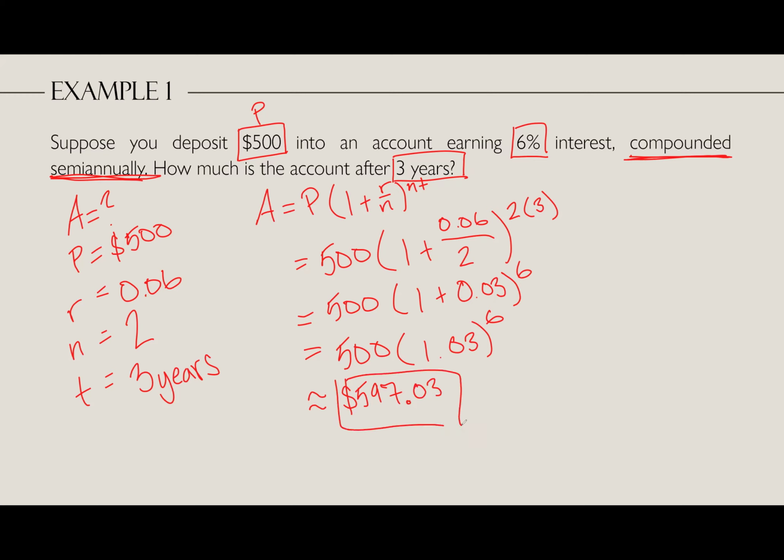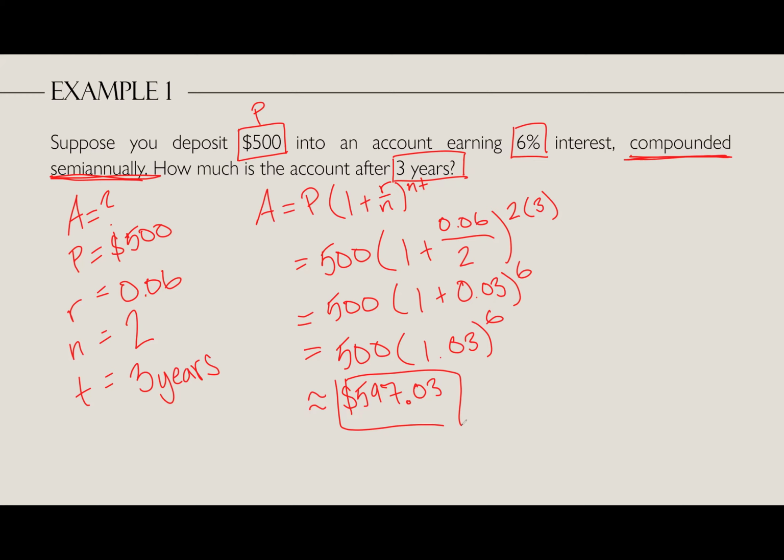So we calculated the compound amount. In other words, in this scenario, after 3 years I'm expecting to see not $500 in my account, but instead $597.03 in my account. So this is our example.